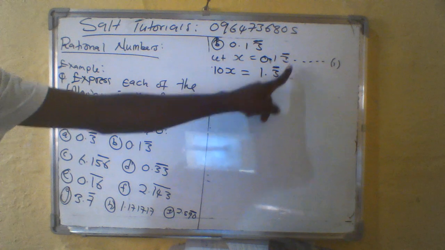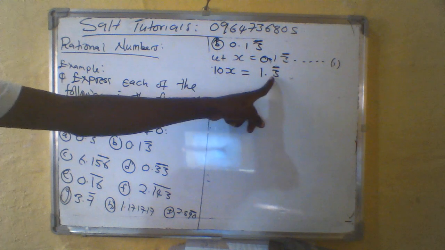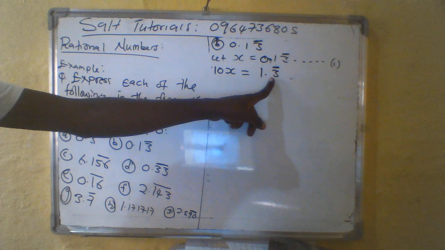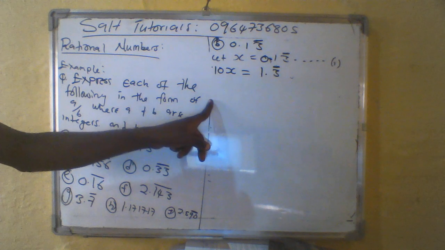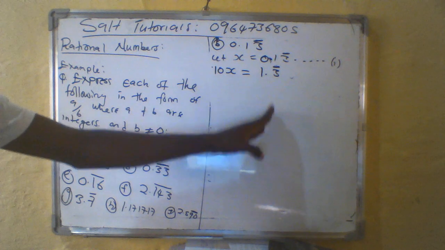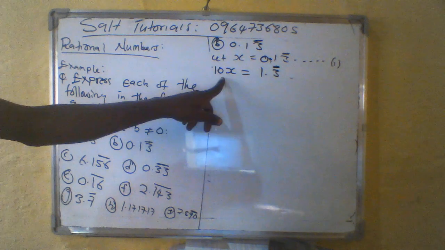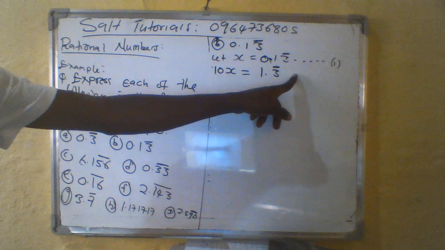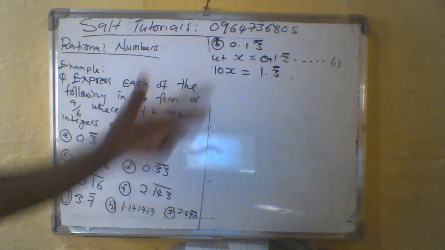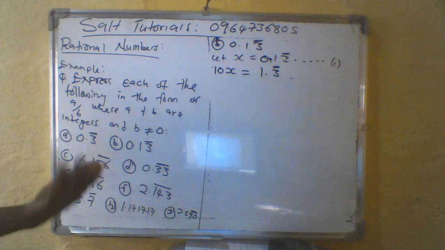So that is why, in the first case, I need to first of all make sure my repeating part is after the point before I can make it move to the left direction, so that when I subtract, the two expressions should have the repeating part after the point. So I'm going to have the second equation to be 10x equals 1.3 bar.